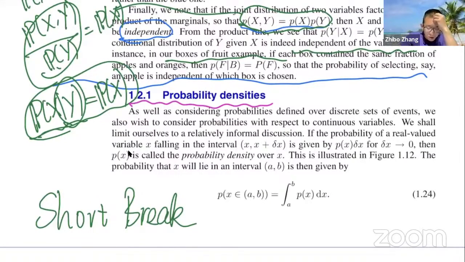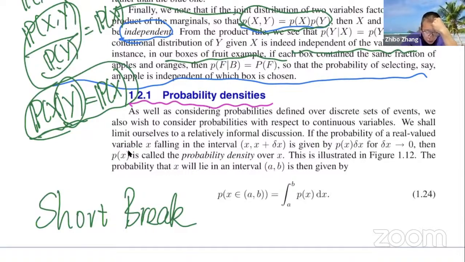As well as considering probabilities defined over discrete sets of events, we also wish to consider probabilities with respect to continuous variables. We shall limit ourselves to a relatively informal discussion.